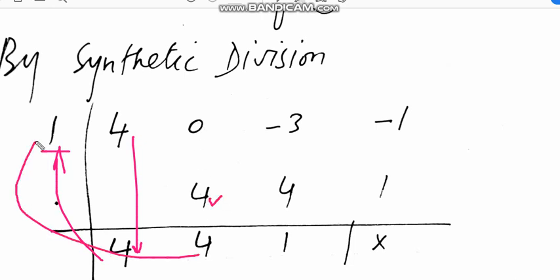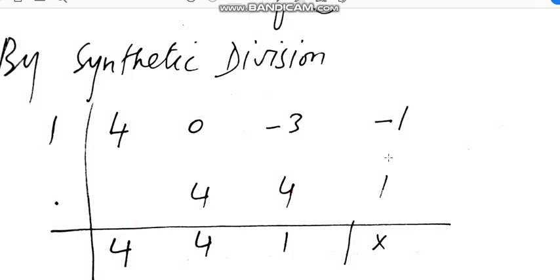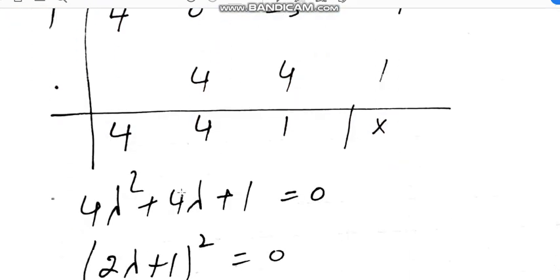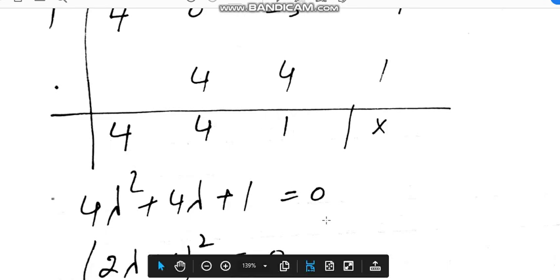This 4 will be multiplied by 1. Now 4 ones are 4. Then their sum will be 1, and this 1 will be multiplied by 1. 1 one is 1, and their sum is 0. Now these three numbers give a reduced equation that will be 4 lambda square plus 4 lambda plus 1 equals 0.